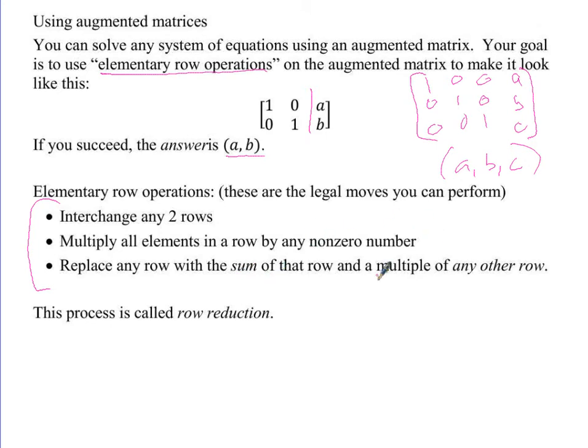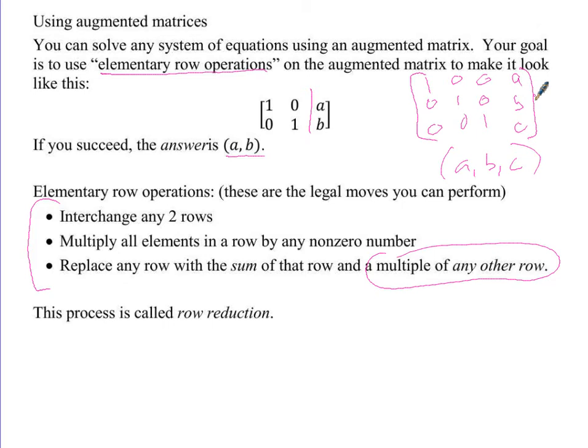You can replace any row with the sum of that row and some other row. And you can multiply that other row by any number you want. So I can multiply this row by 5, let's say, and then I could add that to this row and then replace this row with that new answer.